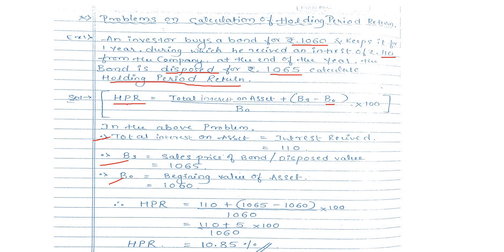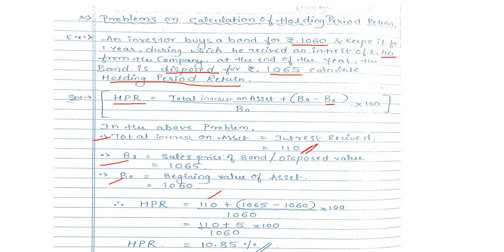HPR is equal to total interest on asset. First, we see how much total interest he received. In the problem they gave that during the year he received an interest of rupees 110. That is the interest received. So 110 plus, next we want BS.